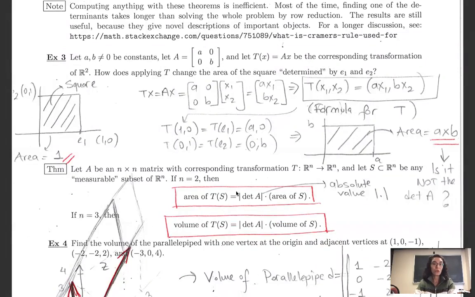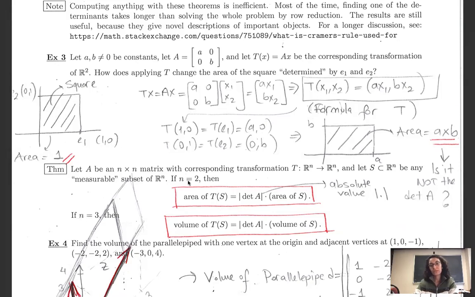by using the determinant. And we will give this in this theorem for an n by n matrix. Assume that this matrix is the standard matrix of this linear transformation T, and take a region in Rn, let's call it S; in this case, S will be this square.